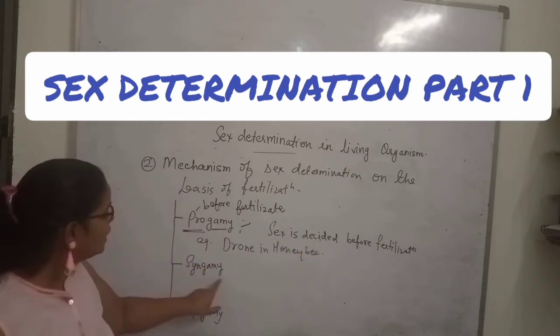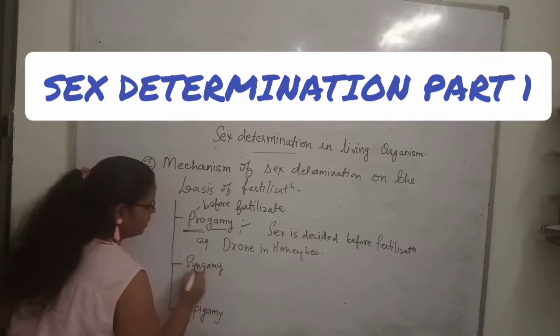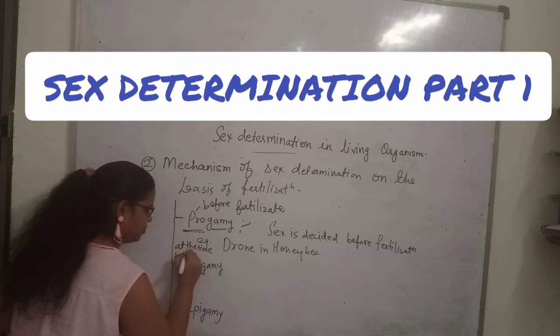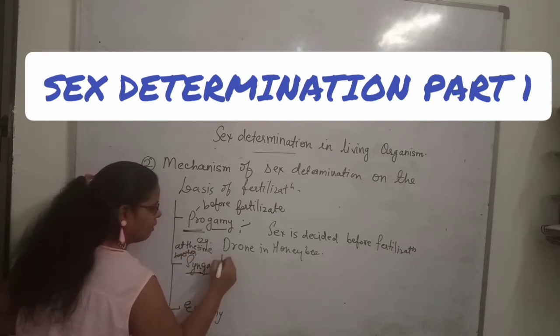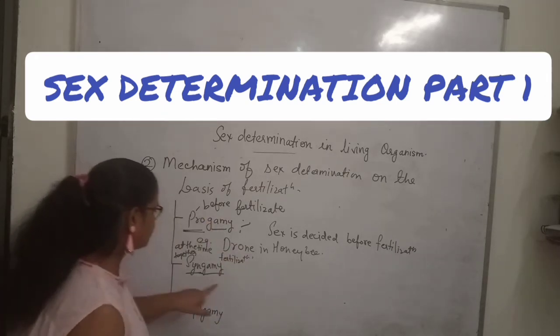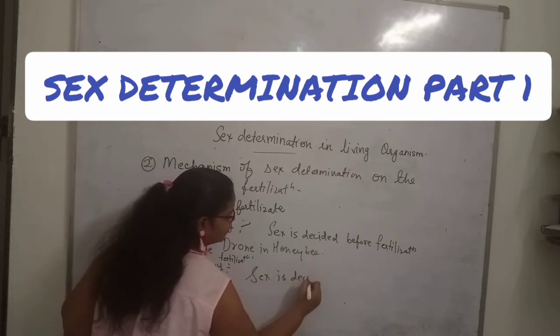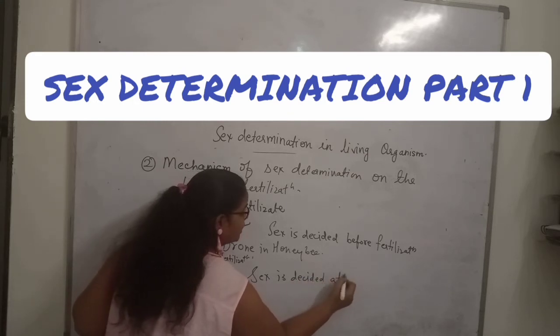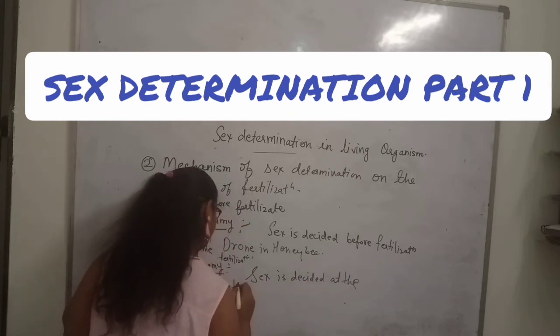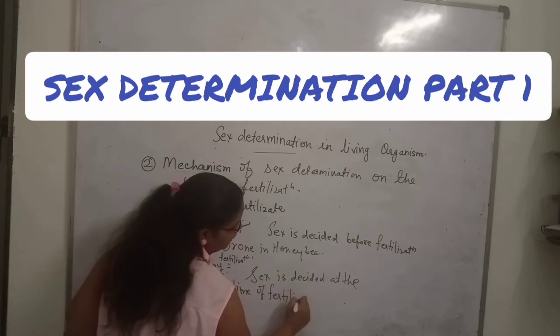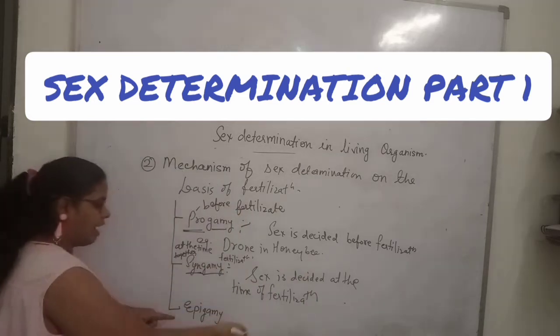Okay, now what is syngamy? Syn means at the time, or together. Gamy means fertilization. So, if sex is decided at the time of fertilization, then it is called syngamy.